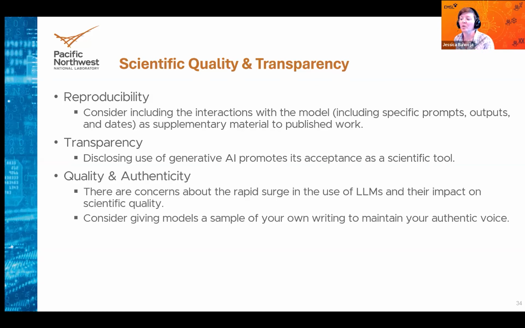Transparency is another critical component of being honest about our use of generative AI, right? So that example that I gave on the last slide is one way that we can disclose generative AI usage. And I think that promotes its acceptance as a scientific tool, and it acknowledges its contributions, right? And this is broadly part of intellectual honesty, right?